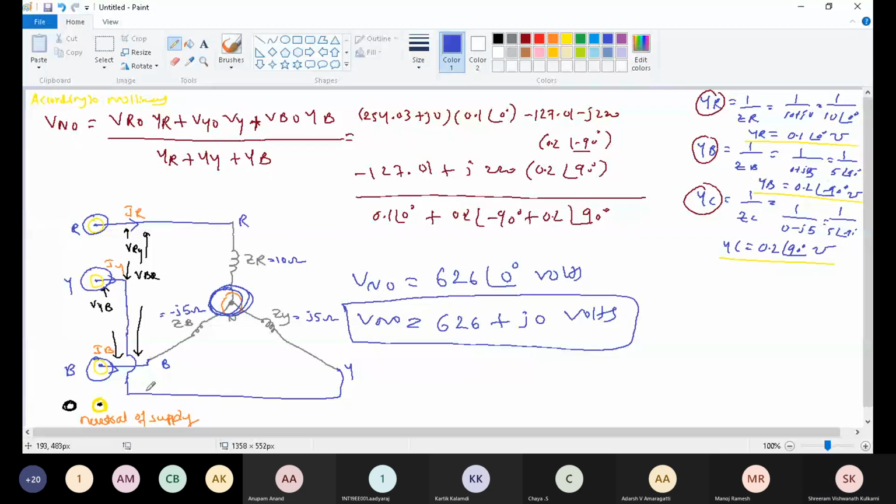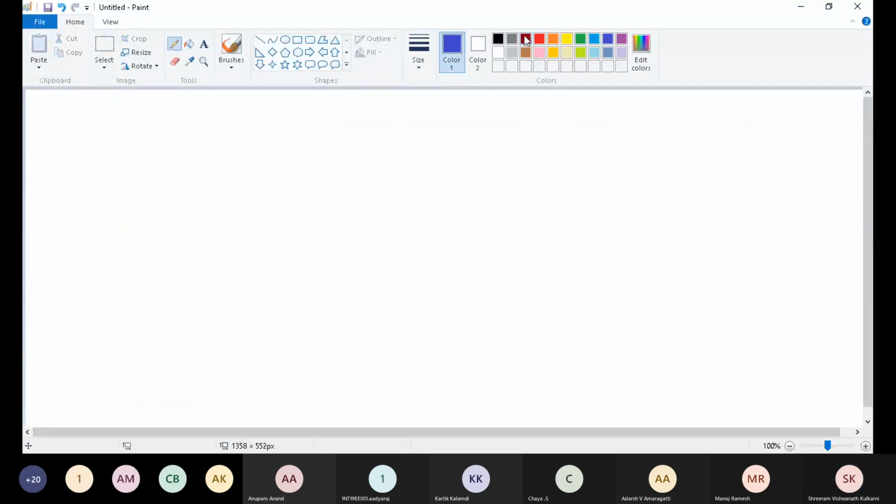In the first class for this three-phase unbalanced load, we have seen the formula for VRN, VYN and VBN. Just recall that one. VRN equals VR naught plus VON.